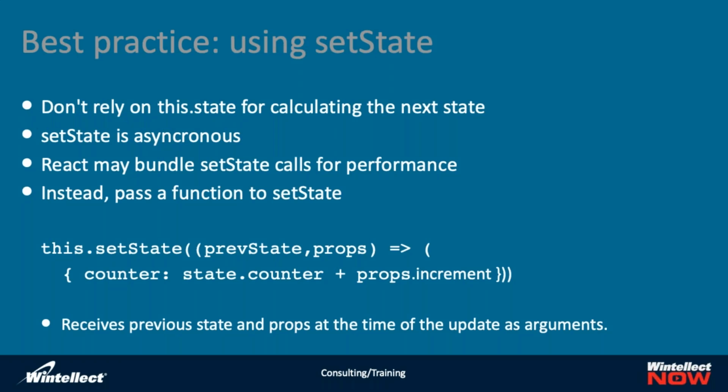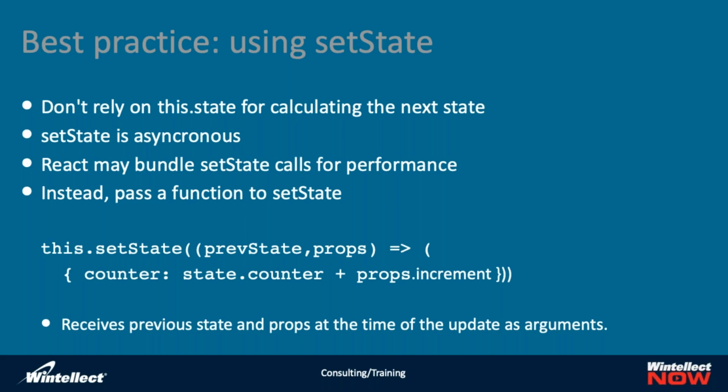setState. The setState method is what determines what's going to update or when your component's going to update. setState is asynchronous, so you may have setState calls being bundled by React, and you don't have any control over when setState calls are made, really.